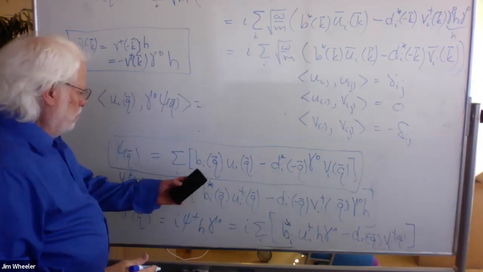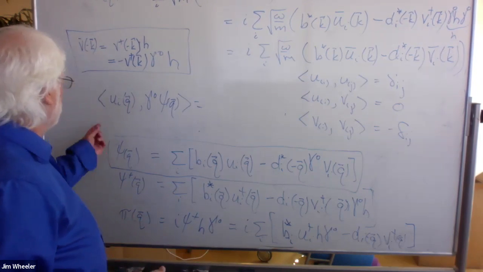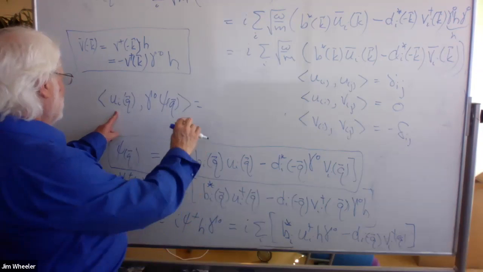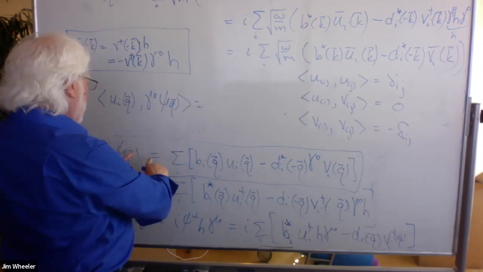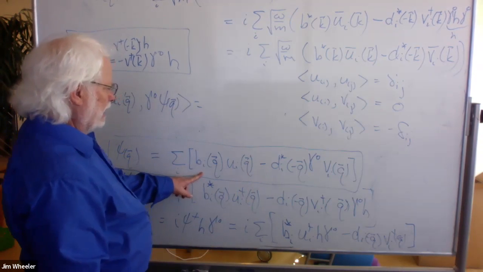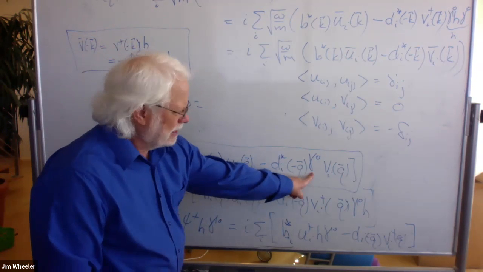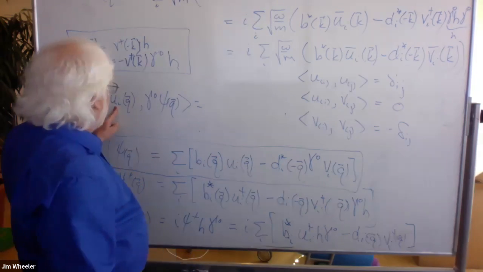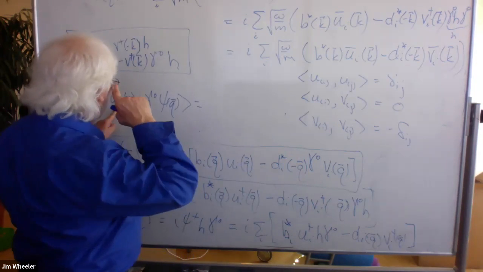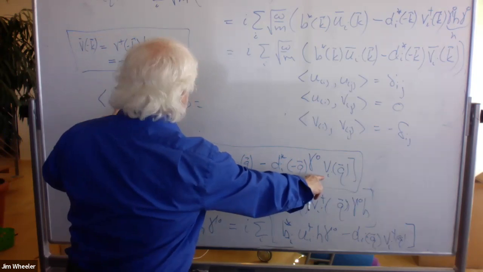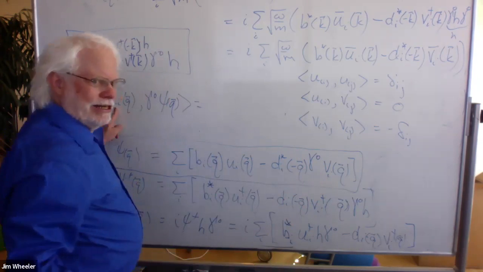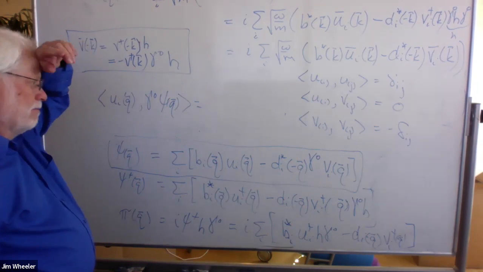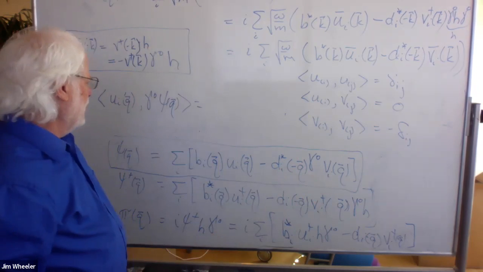Okay, so what happens? I multiply this by gamma 0 on the left. What happens is that squares away this gamma 0, and it means I'm taking the inner product of U with V. So this term is going to give me 0. That's why I put the gamma 0 here, to make sure that term goes away.